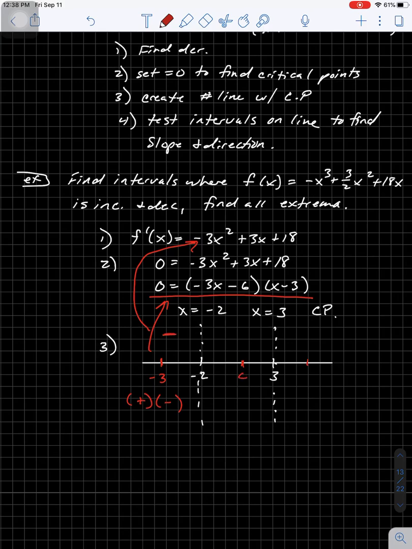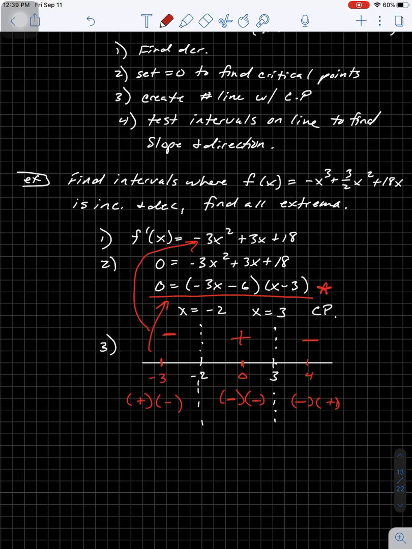Okay, then I'm taking 0, I'm going to plug it in here, and I get a -6, so that's a negative times a -3, and that gives me a positive product. And then I'm going to choose like a 4, and that's going to give me a negative value in the first factor, a positive in the second, and so that's going to give me a negative all over. Alright, so here's what's happening.